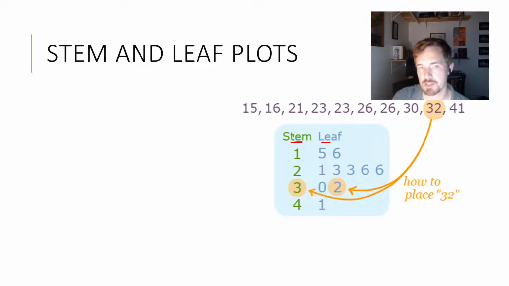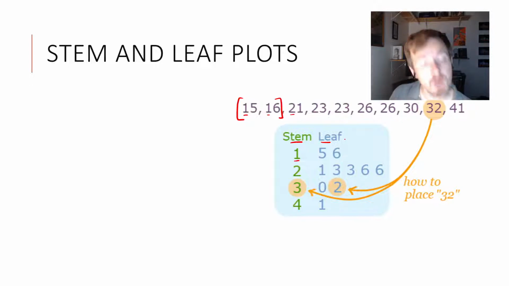The stem is going to be whatever the first number is in your numbers. So, for example, we have numbers that go from 15, 16, 21, all the way to 41. If we want to graph out to get an idea of what our data look like, we can start grouping up. These right here, 15 and 16, they both start with the number 1. So for the stem of 1, we have a 5 and we have a 6.